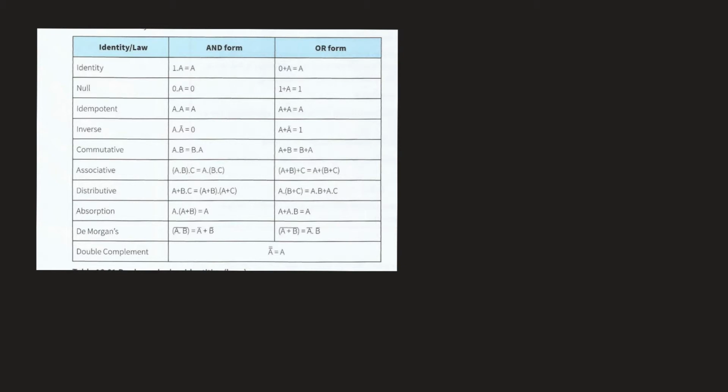Over here, 1 dot a is equal to a. That means if you have an input of 1 and then a, where a is just another input, 1 necessarily means that it is true. An input of true and a processed via an AND gate, the output of that would be a.